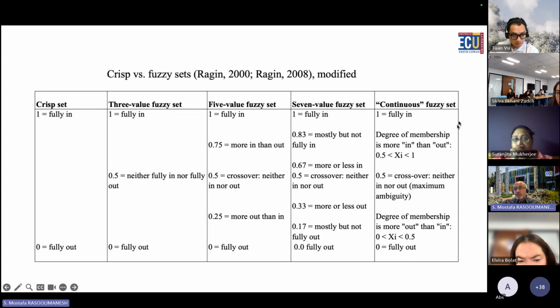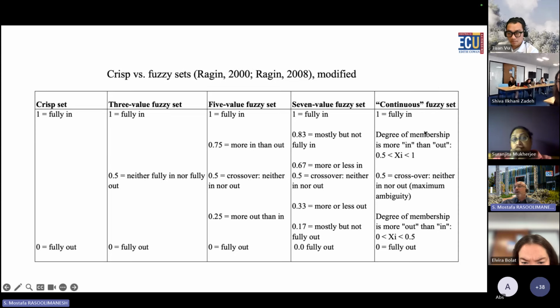So this one can be called fully fuzzy set QCA. In this situation, 0 is called fully out and full non-membership.